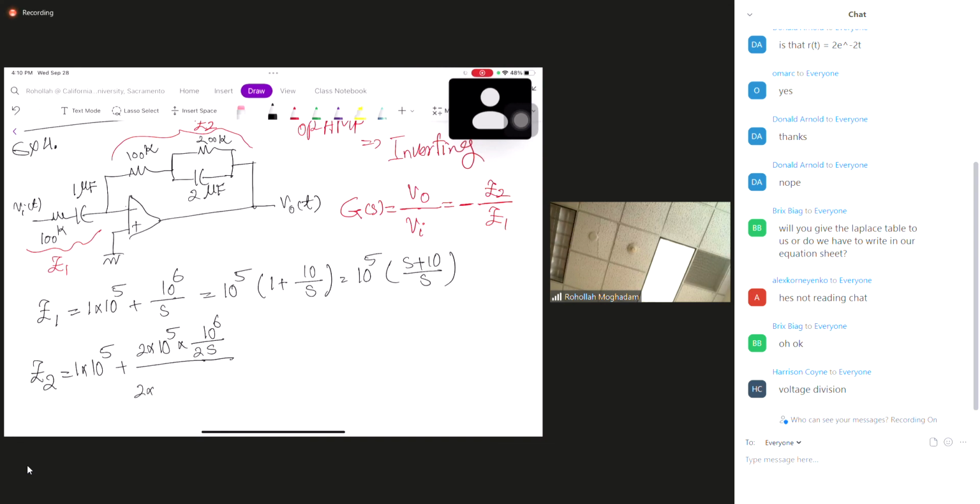Over 2 times 10 to the 5 plus 10 to the 6 over 2s. And we can simplify it. This becomes 10 to the 5 times 1 plus, that becomes 10. We'll have it at 10 over s, numerator over here.